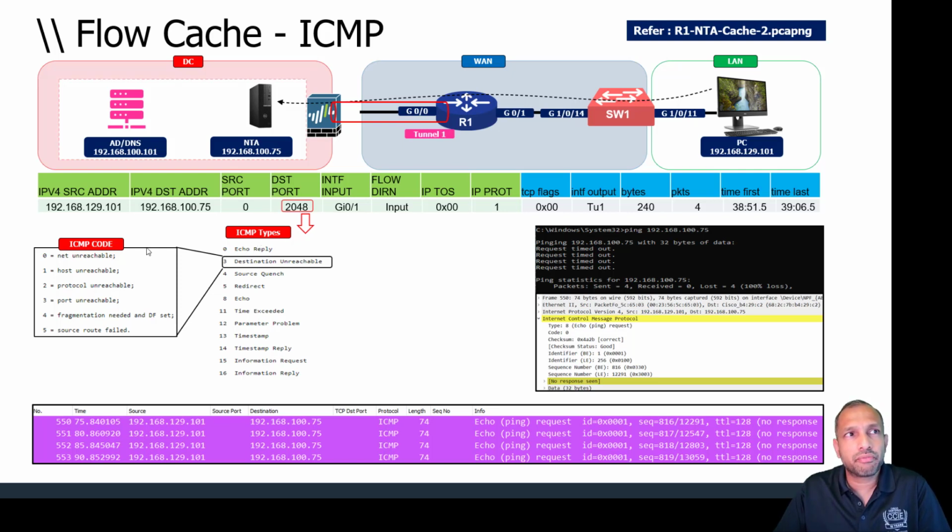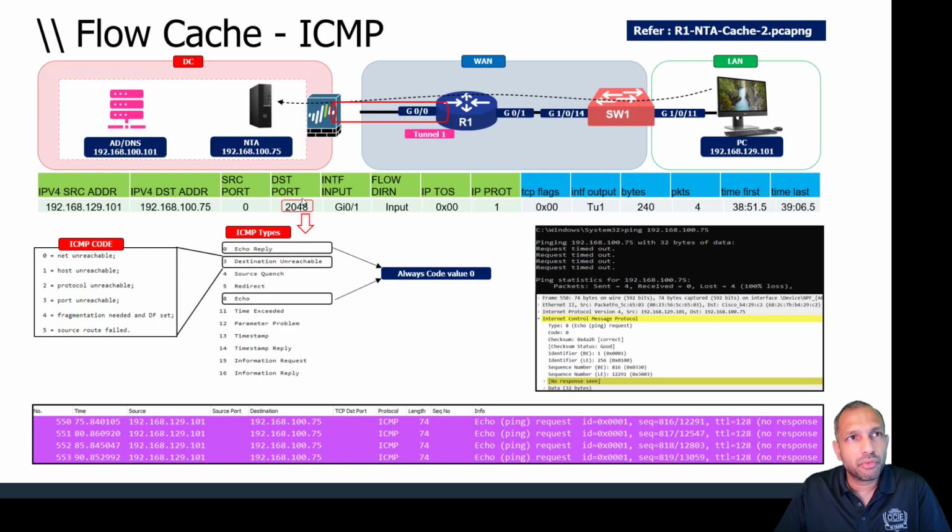Not only the type value, some of these have a code value as well. For example, for destination unreachable, there are various reasons. Depending on this code value, the other side can understand the exact reason why the destination did not respond. From an ICMP echo and echo reply perspective, this code value is always 0.